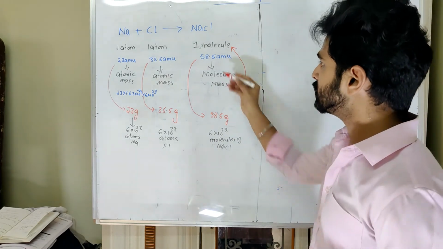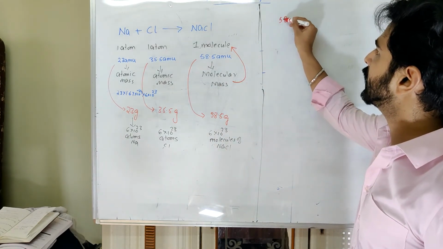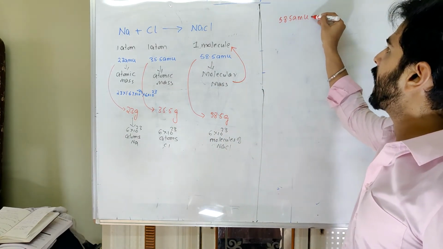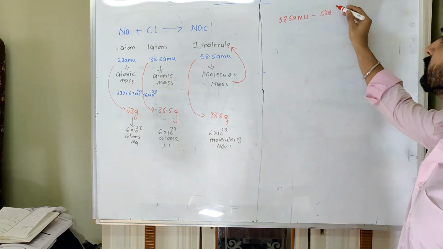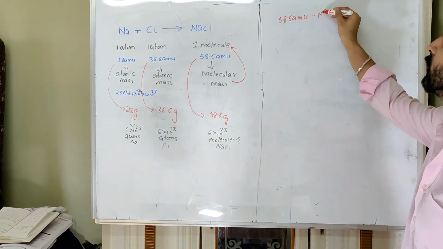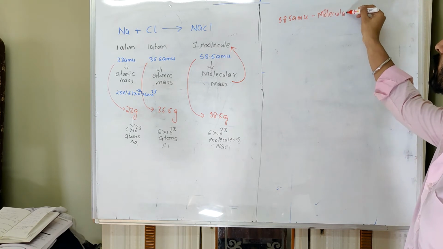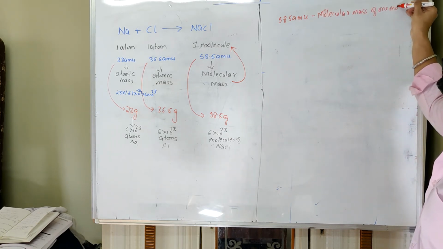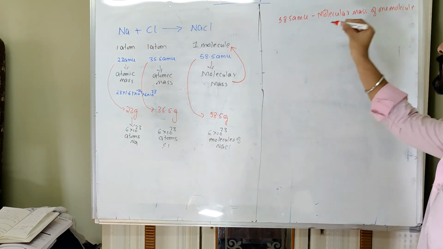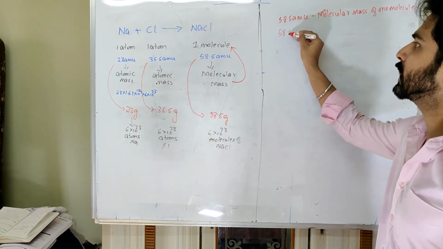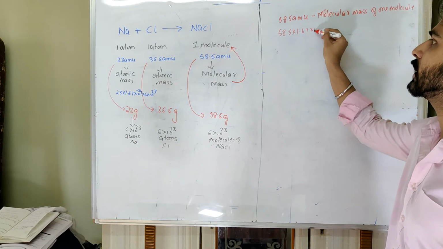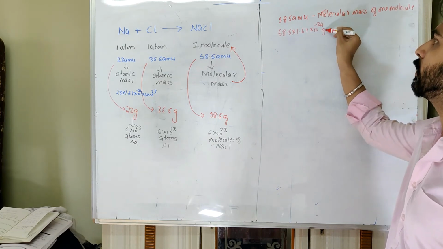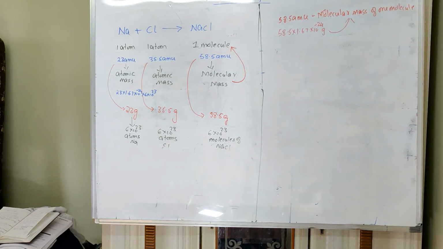So you might be wondering how this is fine, because we have seen the calculation. Here also, when I say 58.5 AMU, I am talking about the molecular mass of one molecule, that is true. Now the same thing can be expressed in terms of gram also, that is 58.5 into 1.67 into 10 raised to minus 24 gram. I am saying the same thing, but now expressing it in gram.